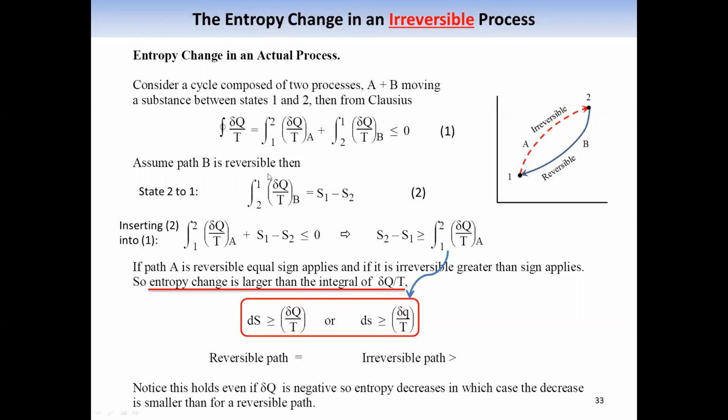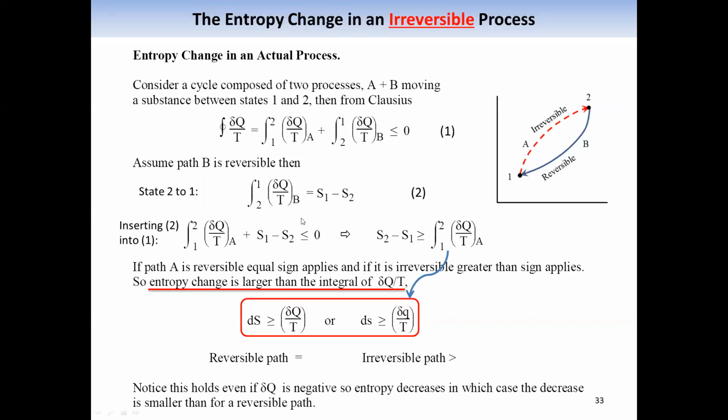Let's look at the second term alone, from state 2 to state 1 through a reversible process. Because it's reversible, dq divided by T essentially is the definition of entropy change. This ratio for a reversible process is independent of path.